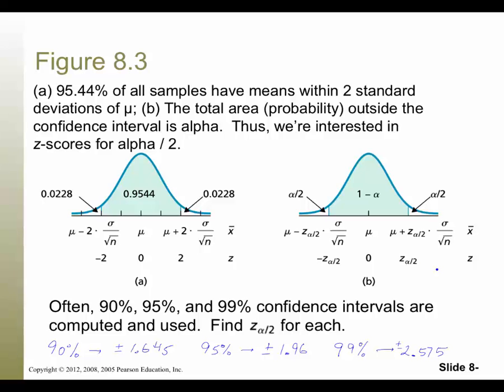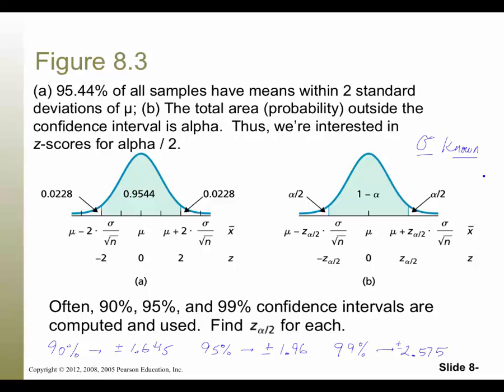Okay, so this approach was when we knew the standard deviation of the population. Here's the key to this: to be able to use these z-scores, sigma is known, and that's the standard deviation of the population.